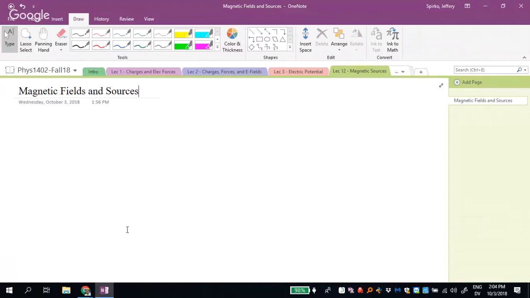So today, I really want to get into a discussion of magnetism. And first, I kind of want to talk about what it is. I'm going to put a symbol in there, and I can't type symbols, so I have to write it with a pen.